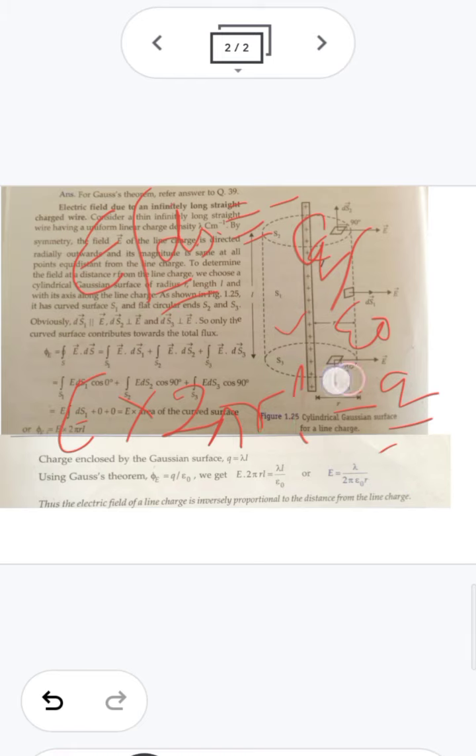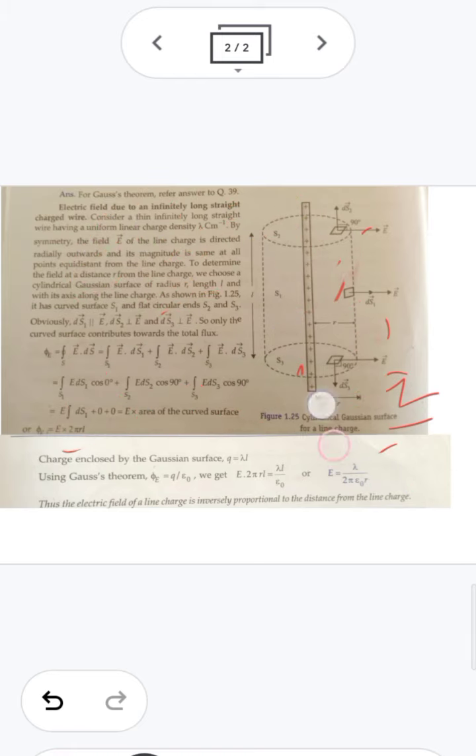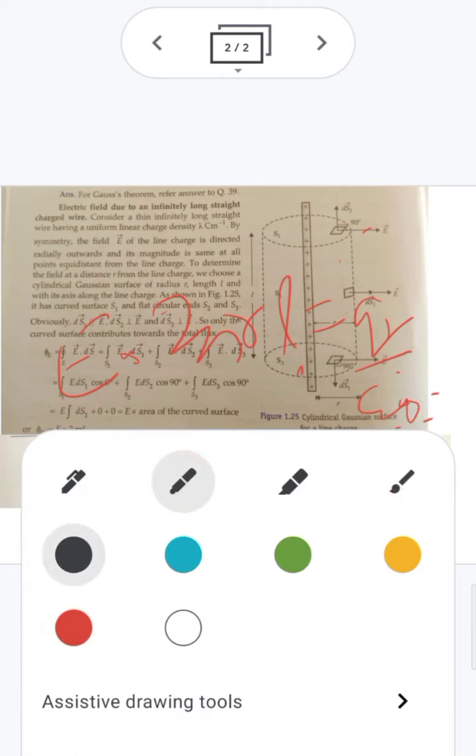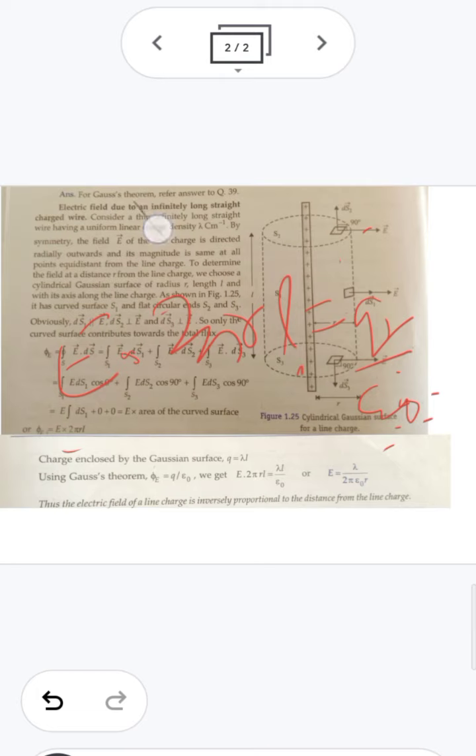Up to here we have integrated the value of ds, the surface area. So E into 2 pi rl is equal to q upon epsilon naught. Now, as the charge density is there, lambda is equal to q upon l, so q is equal to lambda into l.